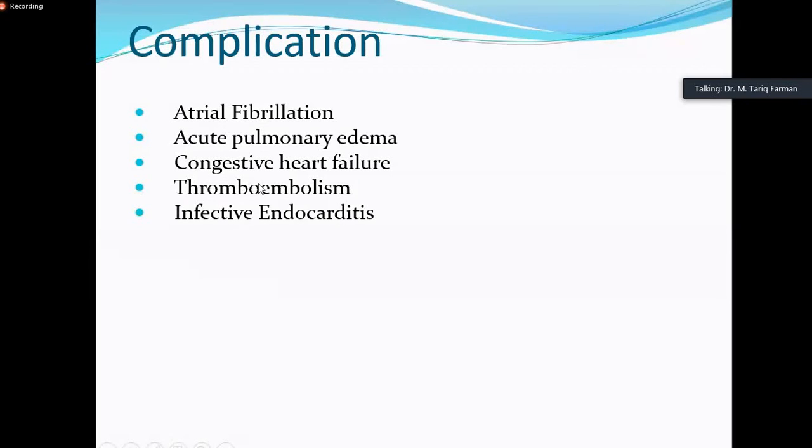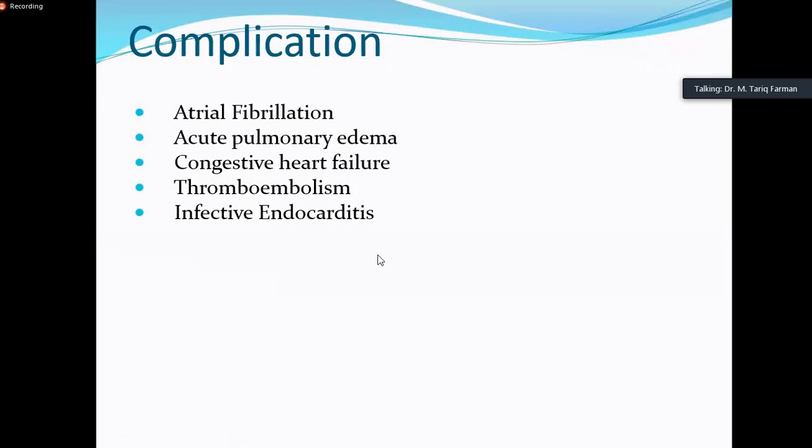And if there is atrial fibrillation, this stasis can transform into a thrombus, a clot formation, and the clot can become dislodged from the atrium.